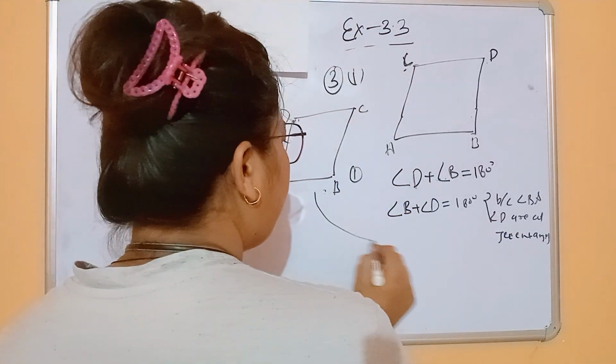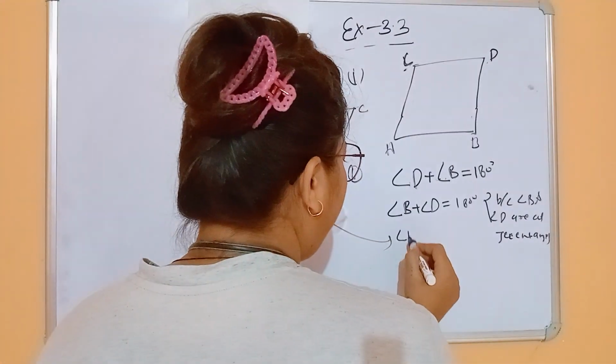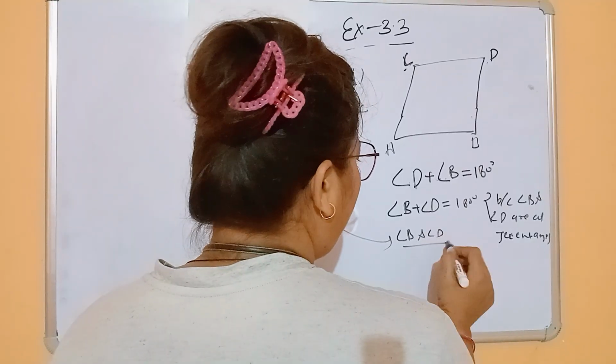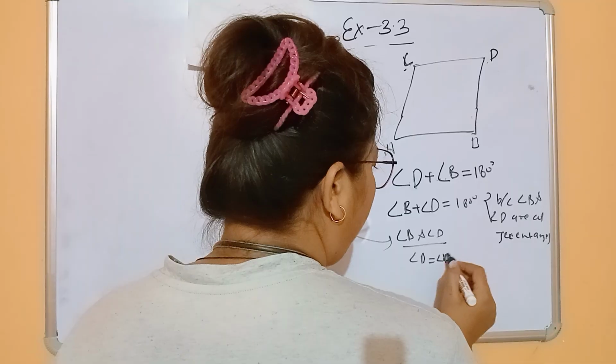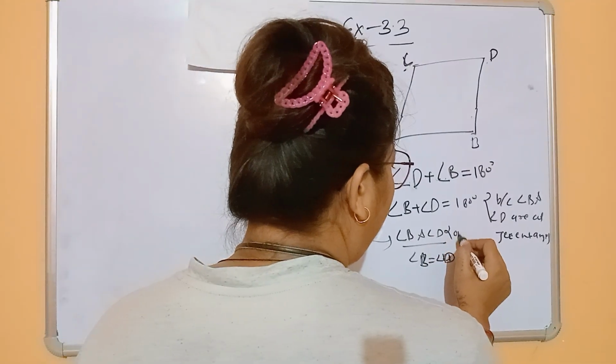But by this other figure we see angle B and angle D are opposite angles, so angle B is equal to angle D.